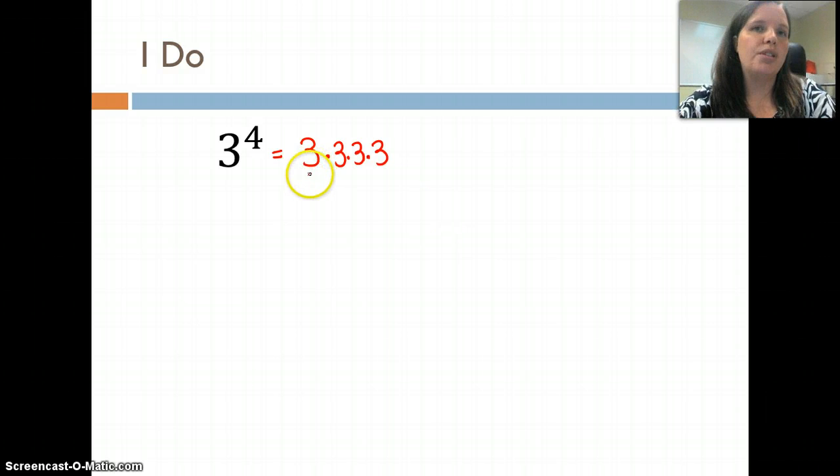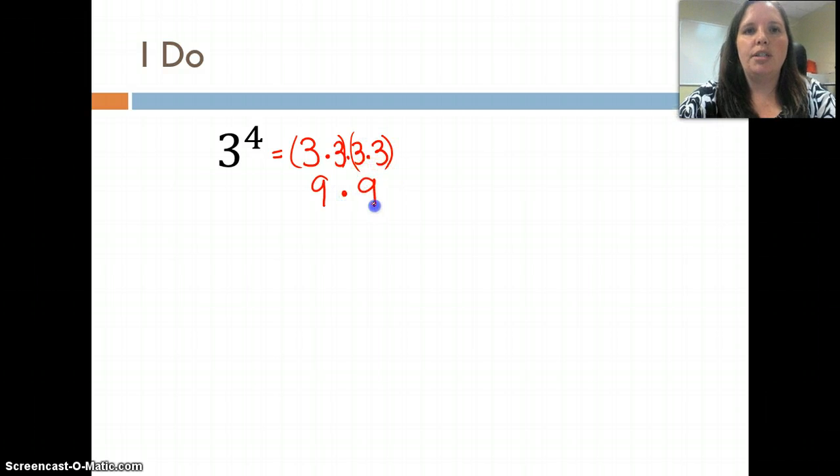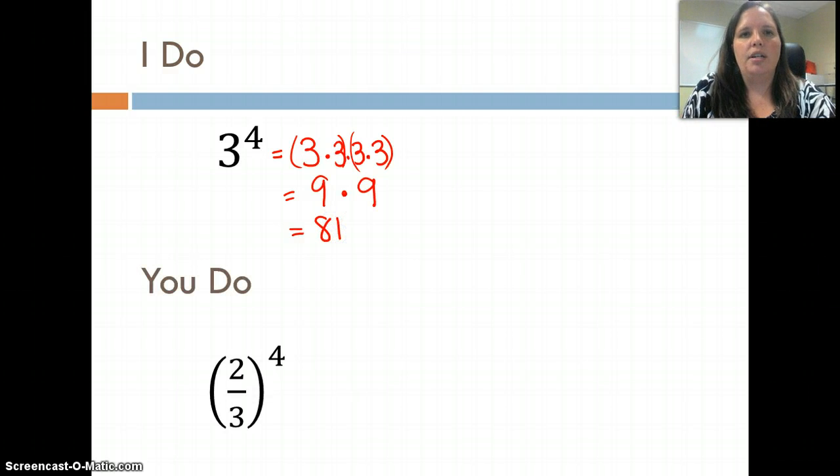Remember, the associative property says that with addition or multiplication, you can group these how you want. So if I do some groupings here and say that 3 times 3 is 9, and 3 times 3 here is 9, and that the answer overall is 81, it might just be an easier way to get to the answer.